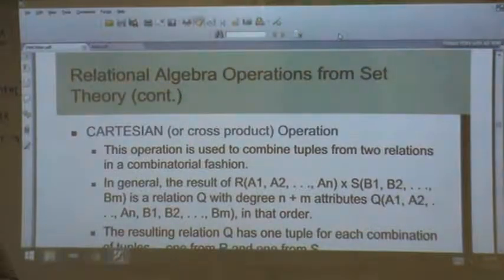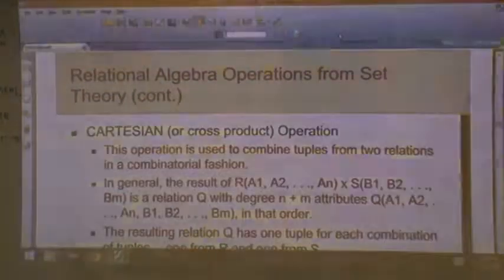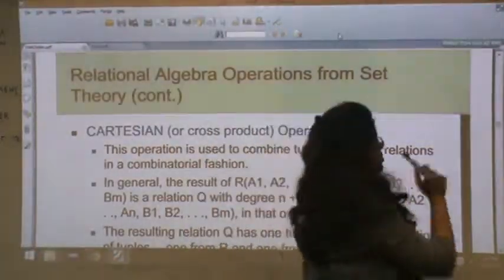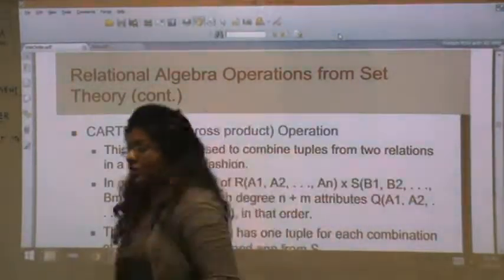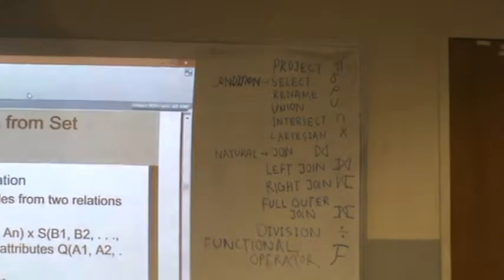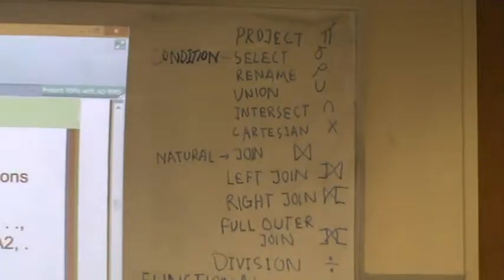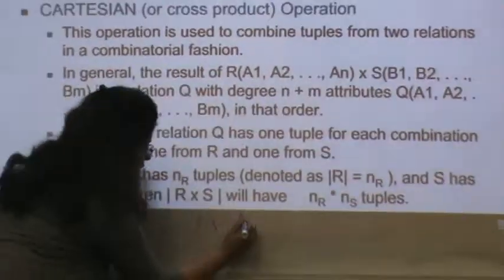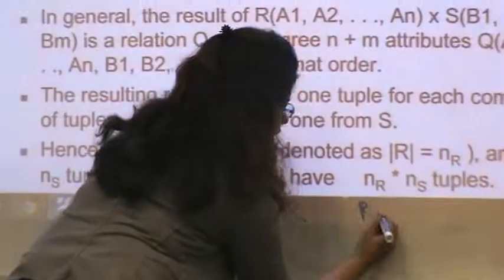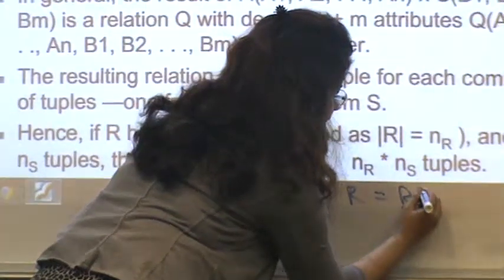Okay. Next thing is Cartesian product, which is this. Cartesian product is completely like a cross product. I think you guys have done it in elementary school as well. If x has a1 and a2, very simple.